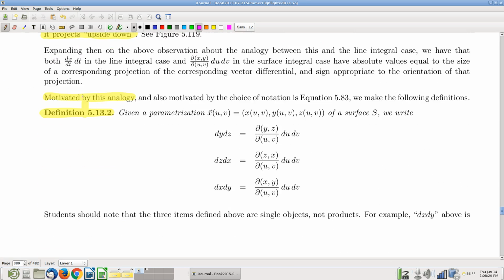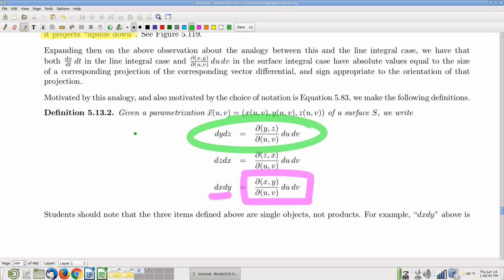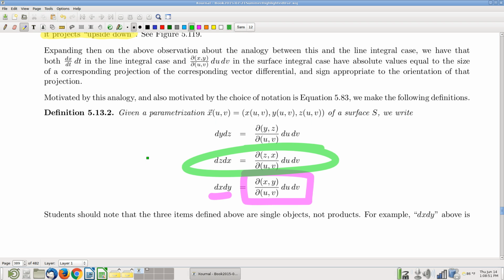Here it is. So, dx dy is the name we give to that thing. Analogously, and I want you all to work these out for yourselves, just think them through in the same way that we just did, that thing we'll call dy dz. And this thing we'll call dz dx.